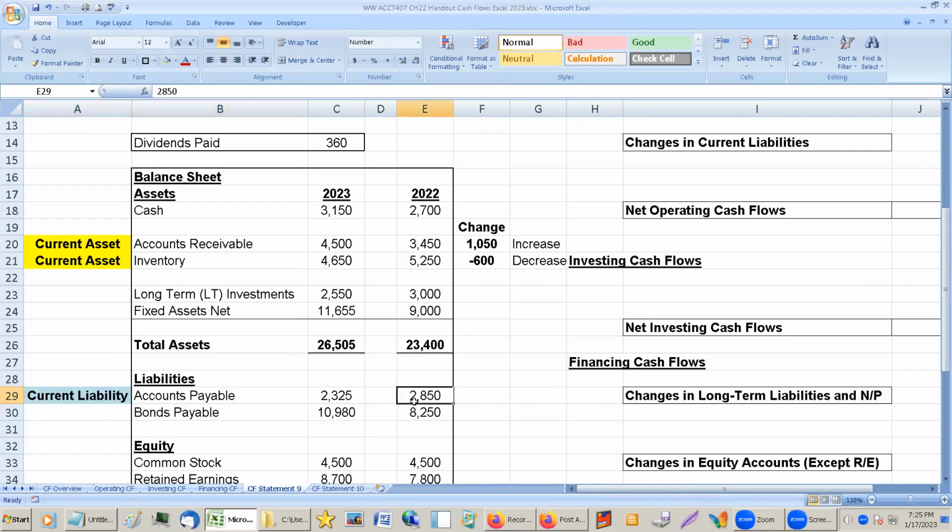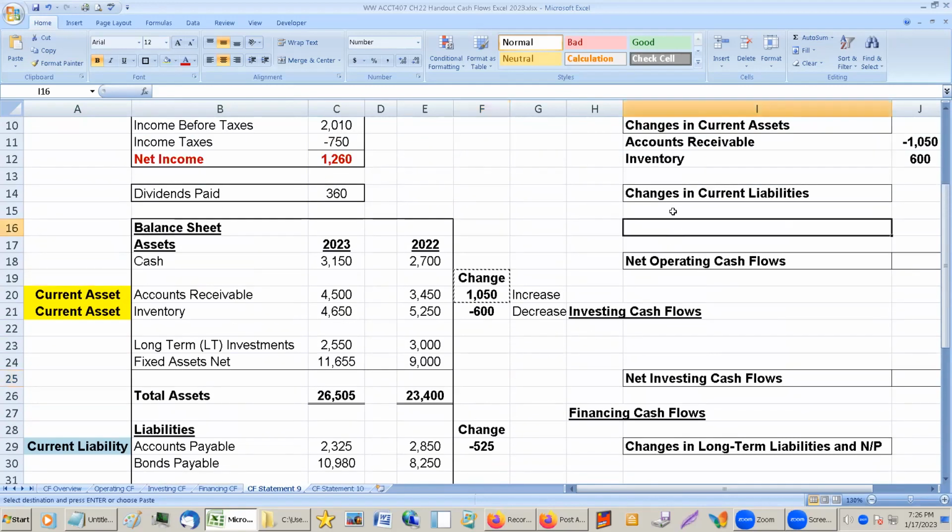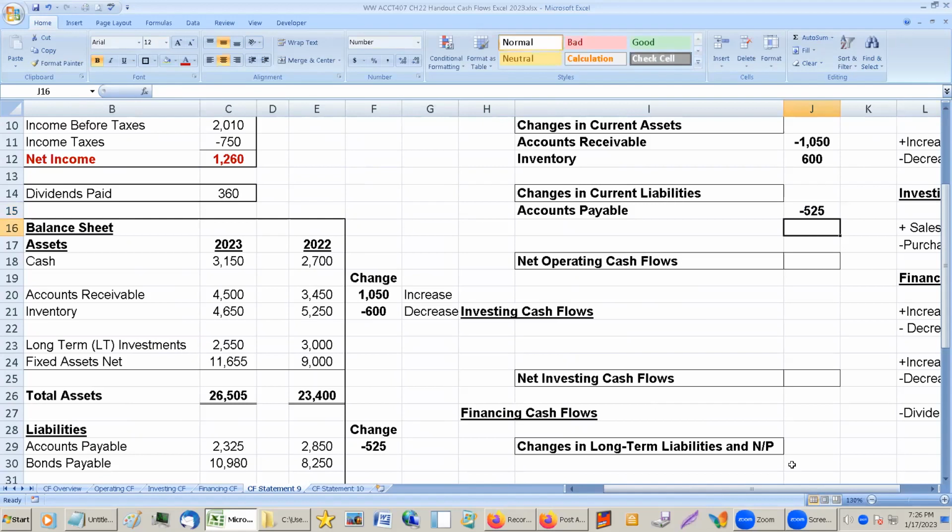Okay, so accounts payable had a change of negative $525. So is the cash going to be going up or down? Down. Good. When your liabilities go down, you paid them. So they must have paid 525.